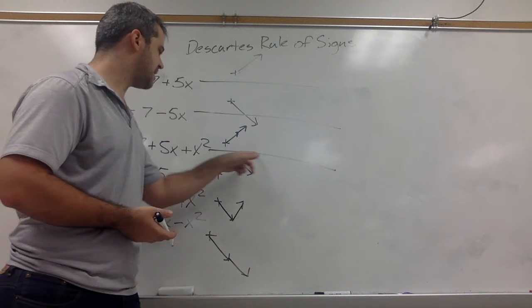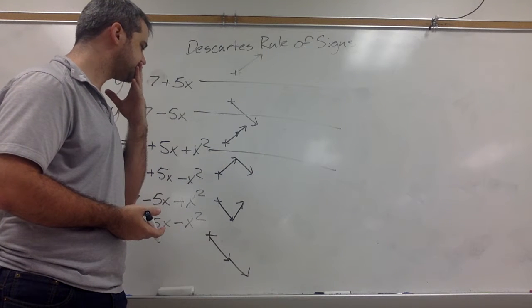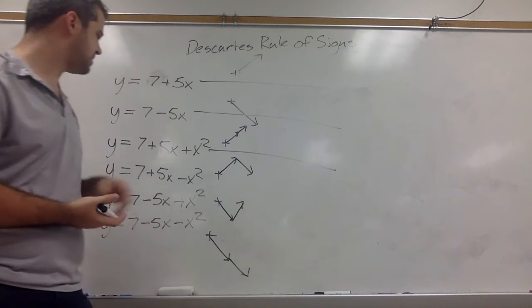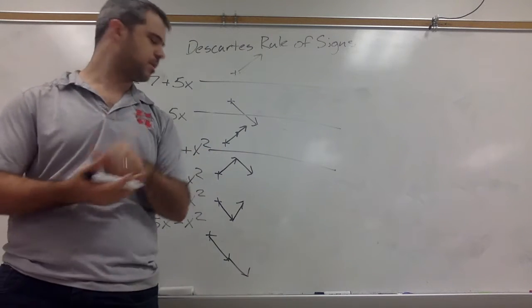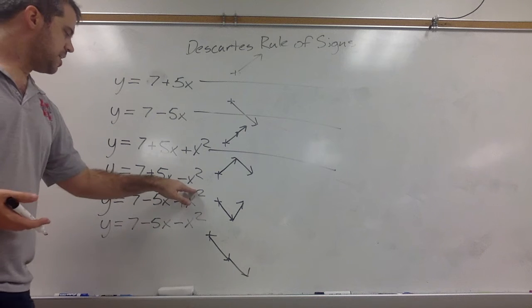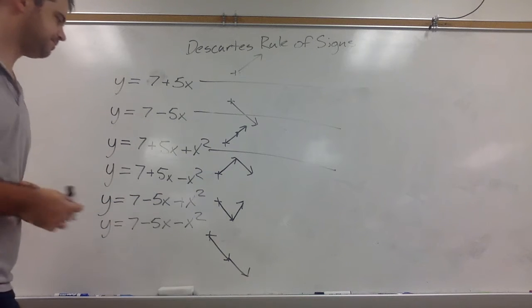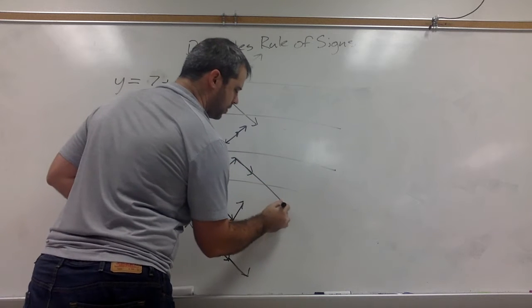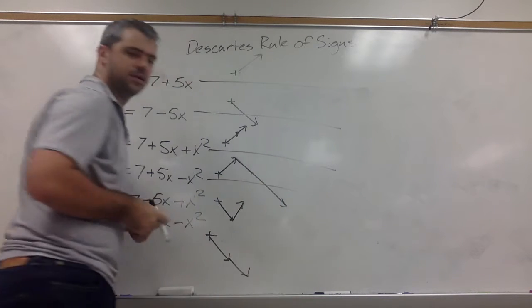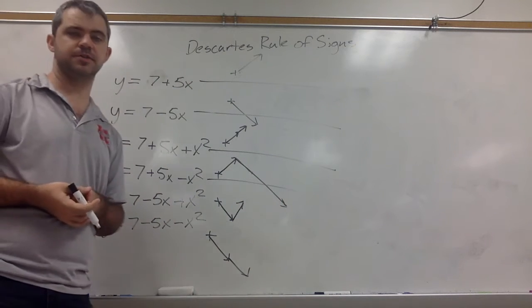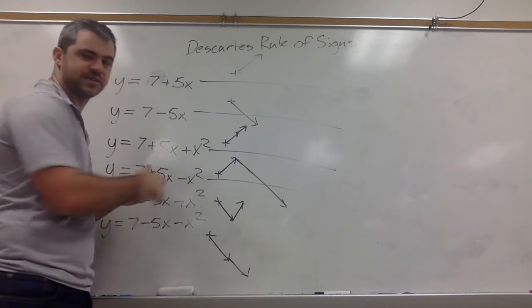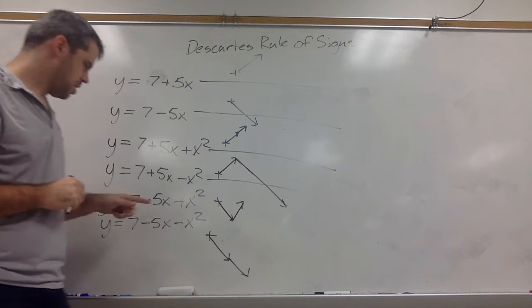That's the same as my number of sign changes. It's 0 times. Here, we started positive, we went up, and then we went down the rest of the time. So how many times is this going to cross? 1 time, which is the same as the number of times the sign changed.